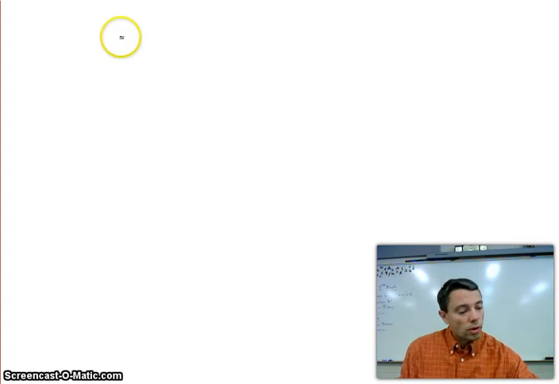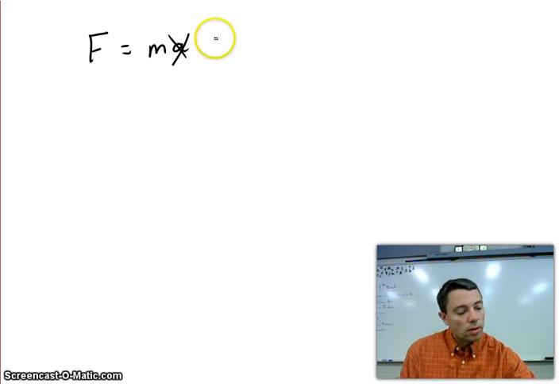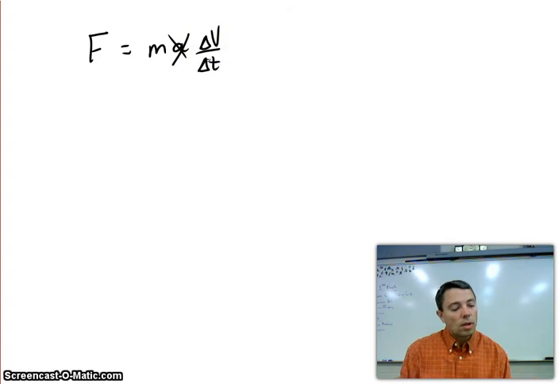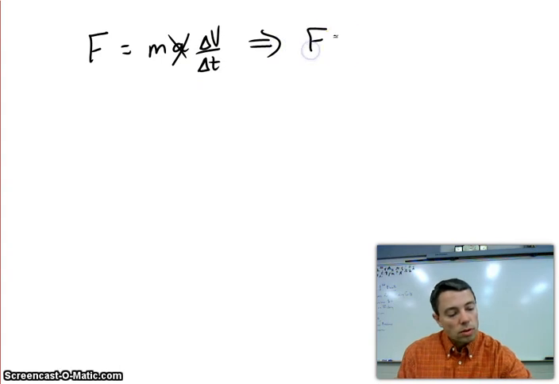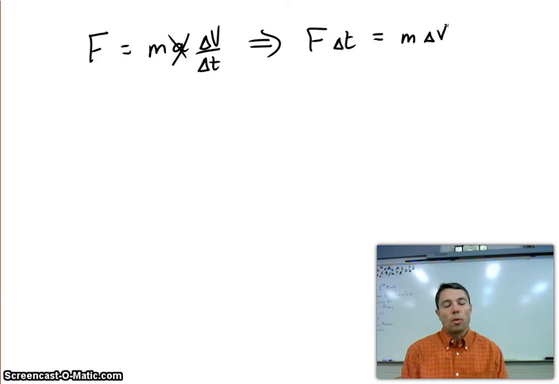It goes back to what Newton was really talking about in his second law, F equals ma, but we then said, well, hey, what if we redid the a piece and actually talked about what a is, and a is nothing more than a change in your velocity over a change in your time, and then we just rewrite it a little bit. This is the way that Newton really wanted to have it: force times a change in time is equal to a mass times a change in velocity, okay? And that's how we kind of wanted to talk about it.